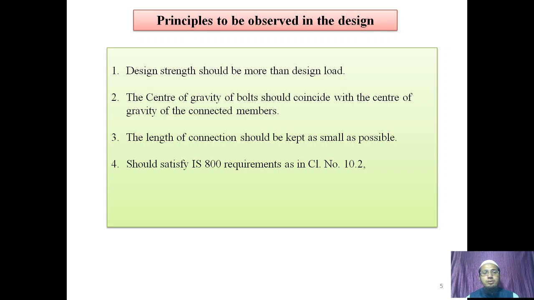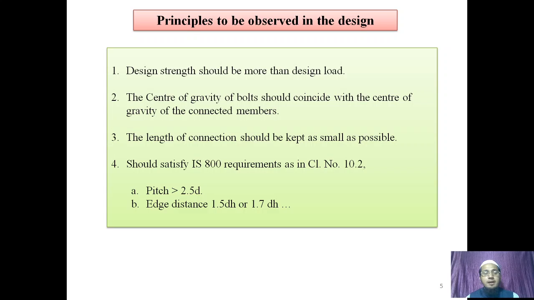Also, we should know the IS specifications, and note that our connection will satisfy the requirements of IS 800 which are given in clause number 10.2. That is, the pitch distance: the minimum pitch should not be less than 2.5 times D, or the pitch provided in the connection should be more than 2.5 times the nominal diameter of the bolt used.